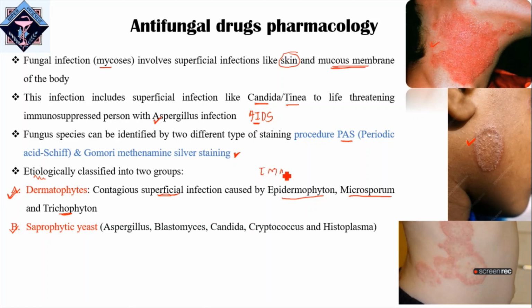EMT याद रख लेना. E for Epidermophyton, M for Microsporum and T for Trichophyton. These three species can cause dermatophyte infection. And another one is saprophytic yeast, which is basically caused by Aspergillus, Blastomyces, Candida, Cryptococcus, Histoplasma.